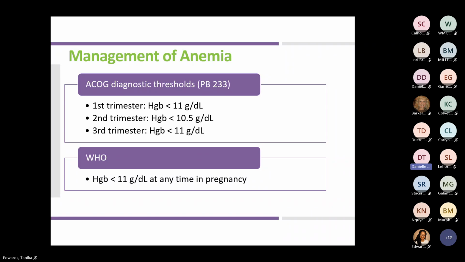So that as a patient is going through the pregnancy and we're prepping for delivery, our goal should be at least a hemoglobin of 11 going into delivery, hopefully higher, so that if there's any significant bleeding, it won't further increase the risk of morbidity and mortality just based on her coming in with a lower baseline. Now, WHO follows that, and they say basically anything less than 11 at any time in pregnancy would be considered anemia and should be treated. Next slide.